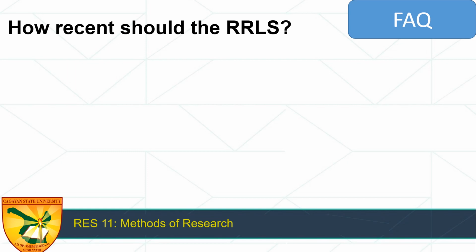Remember, when you cite an author and this author cited another author years and decades back, you need to cite the original author, the cited author. And also for the recent ones, recent RRLs should be done especially for the methodology part. For example, you're doing experimental research.